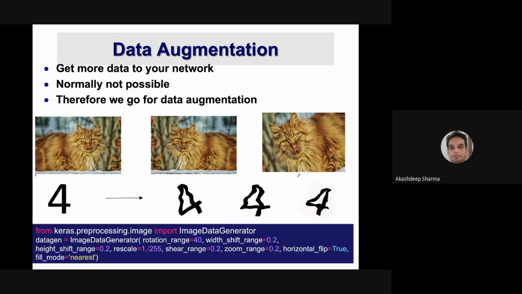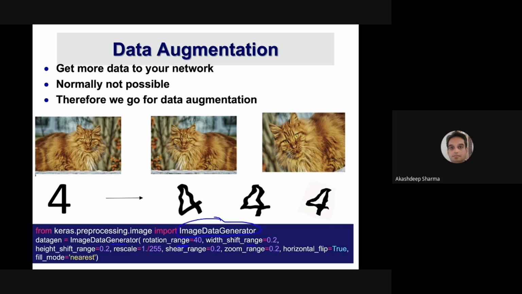Mind you, it is not as difficult as it seems, because libraries come up with this, or Keras comes up with this image data generator. So you import this package and call it with whatever things you need, rotation range 40, shift range 2.